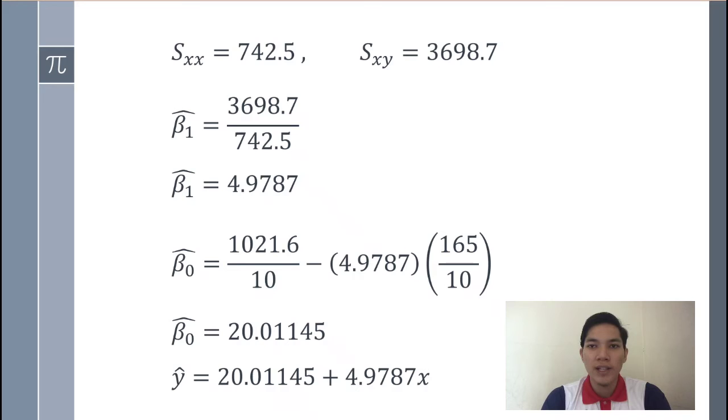Then we insert this b1 hat value into the b0 hat equation.